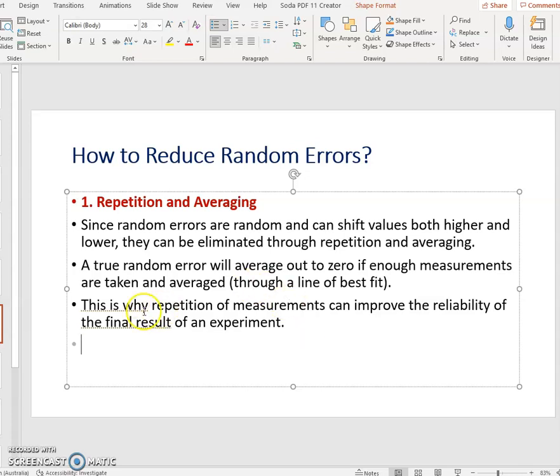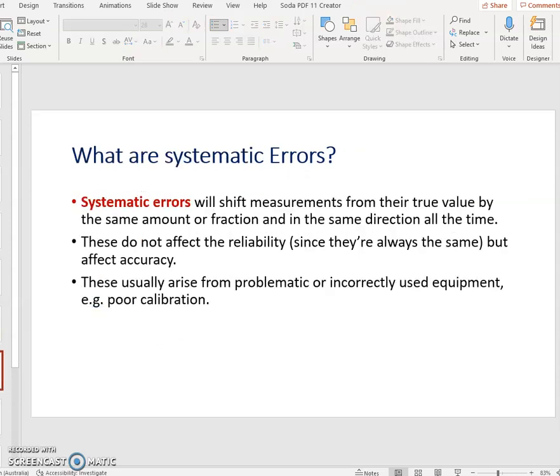Okay, so a true random error will average out to 0 if measurements are taken and averaged through the line of best fit. So like, let's say you conduct that same trial 100 times, because the random error could be higher or lower, it should average out to what it actually should be. All right. So what about systematic errors?